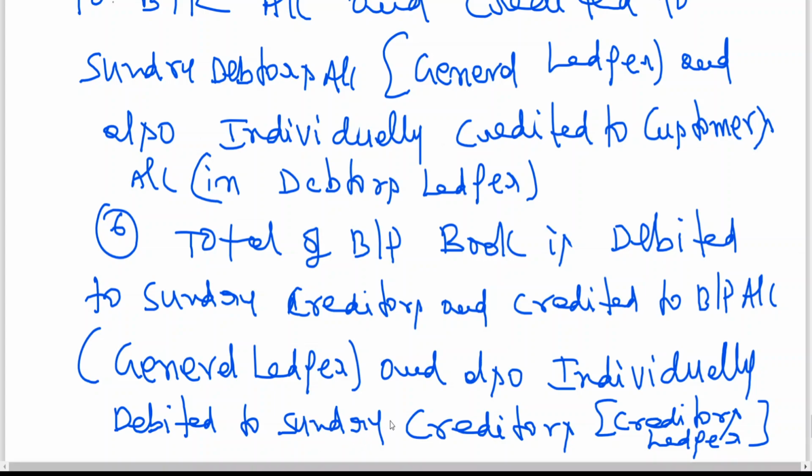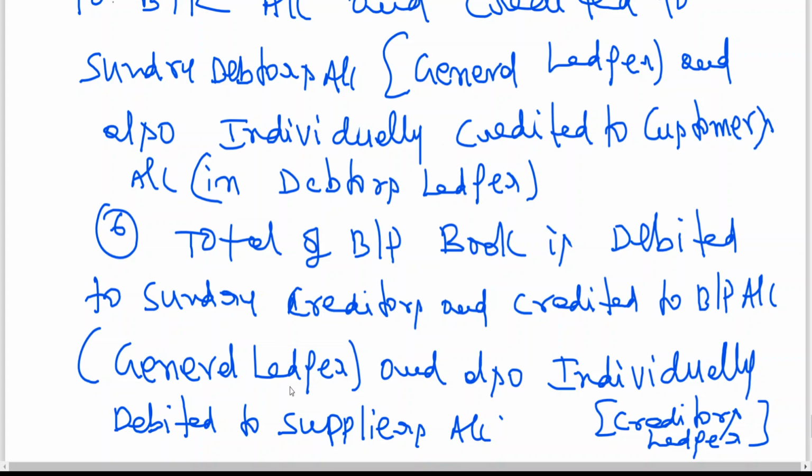Individual debited to suppliers account, sorry. Similarly here written, individually credited to customers. Individual debited to suppliers account. Which ledger? Creditors. Total of bills payable book is debited to sundry creditors and credited to bills payable account.